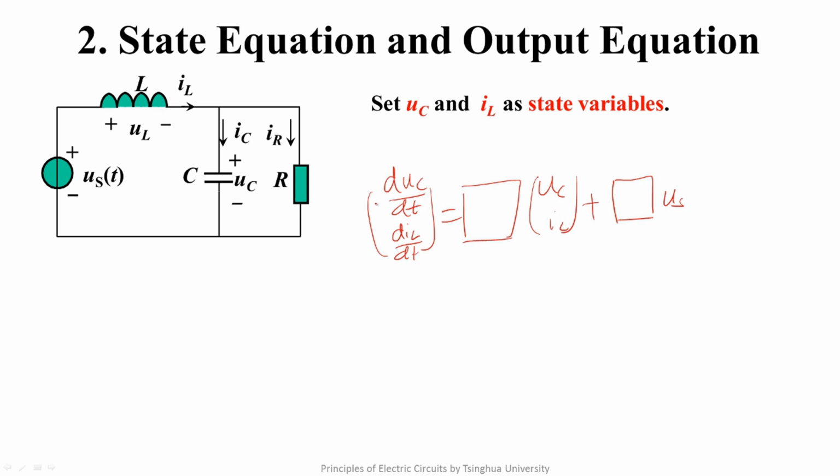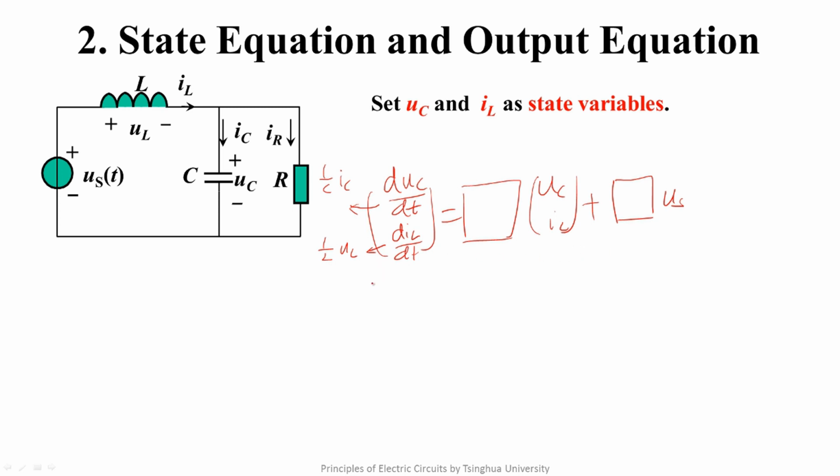And how do we solve duc over dt? Here we naturally think of duc over dt equals 1 over C times IC. Similarly, dil over dt equals 1 over L times UL. It's a very important idea that we use to list the state equation.